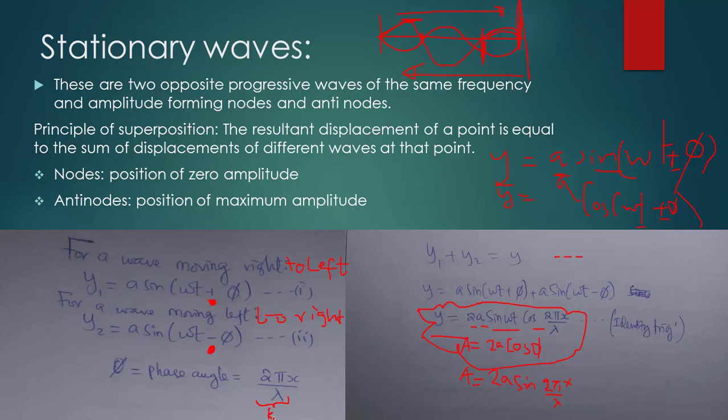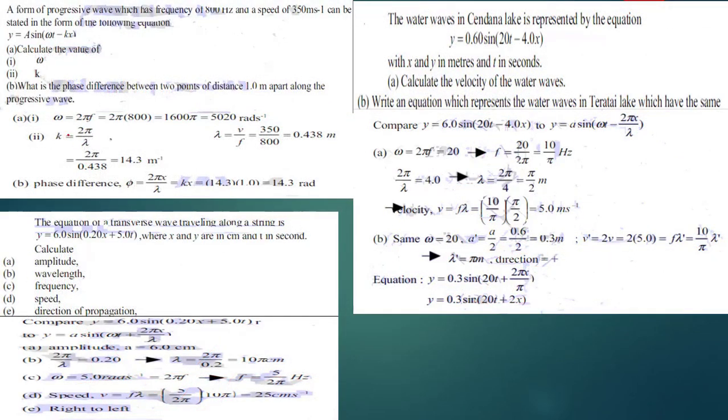That is why you will find in some places they have written kx, so it's not something new, it's just straightforward. You have 2 pi over wavelength, and you can get the wavelength because in the speed you have speed and you have frequency, so speed over frequency is equal to wavelength.